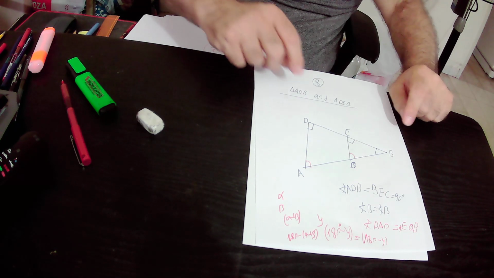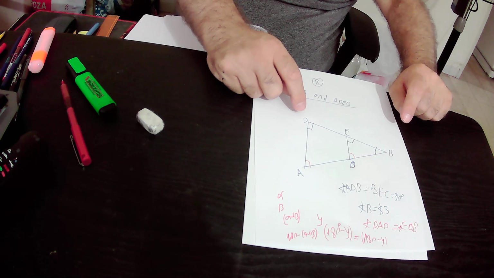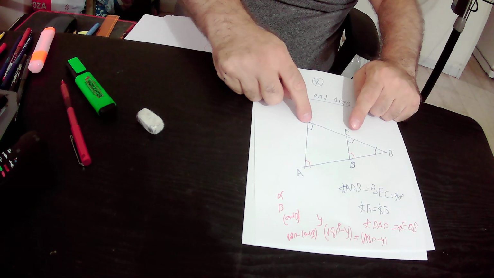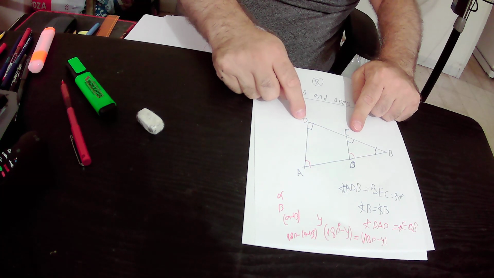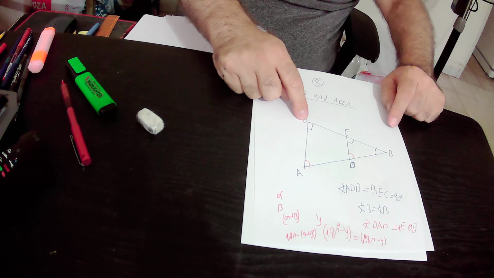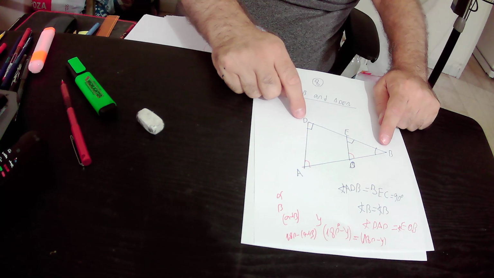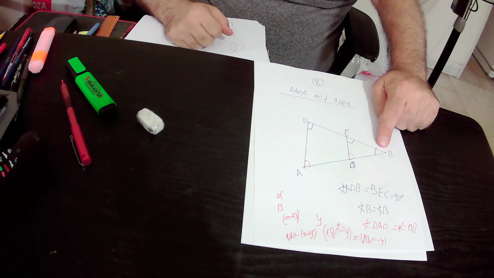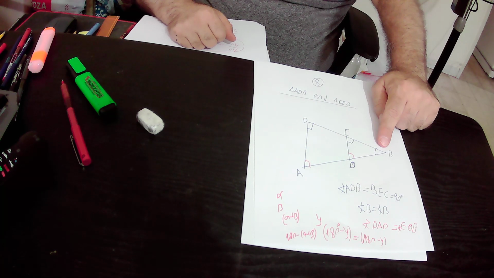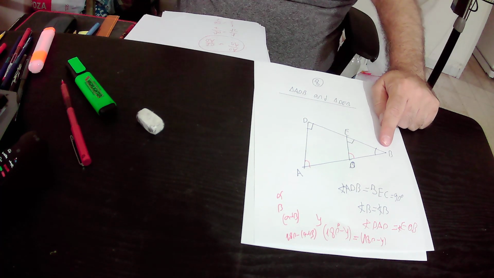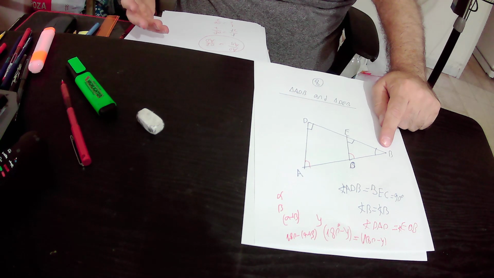We know that in those two triangles, those two angles are equal to each other. Both of those two angles are equal to 90 degrees. And they also have a common angle, the angle that belongs to both triangles. So they have two angles that are equal to each other.